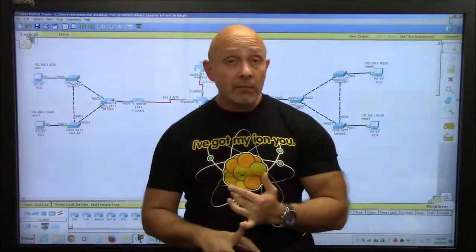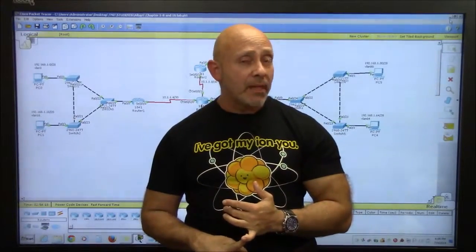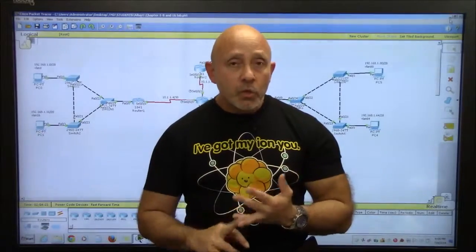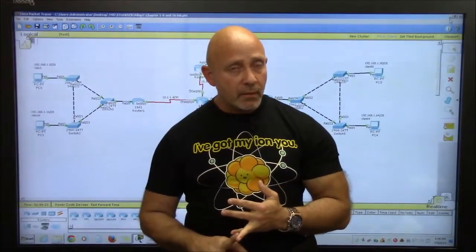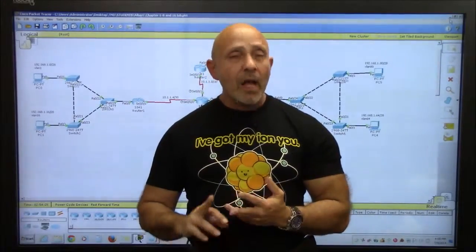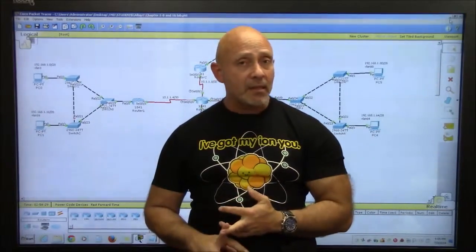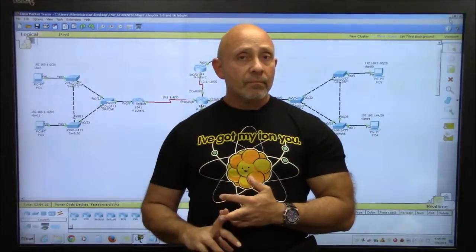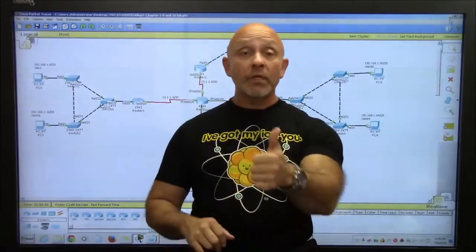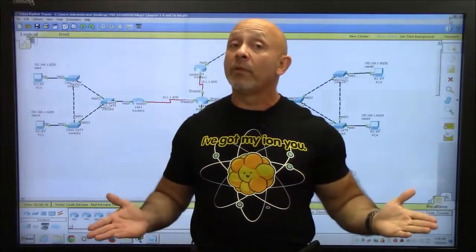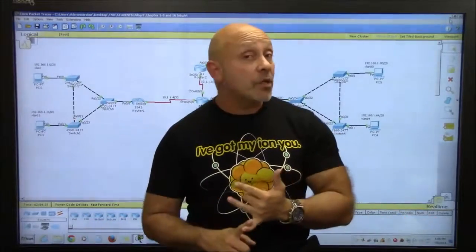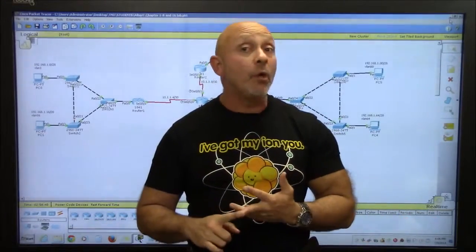Because routing, I believe, is 20%, if I'm not mistaken. Switching is also 20% of your grade. A lot of people have a problem with access list, so we're going to break down access list, nice and easy. NAT is very simple. The newest subject that they have in there is the redundancy protocols: HSRP, VRRP, GLBP.